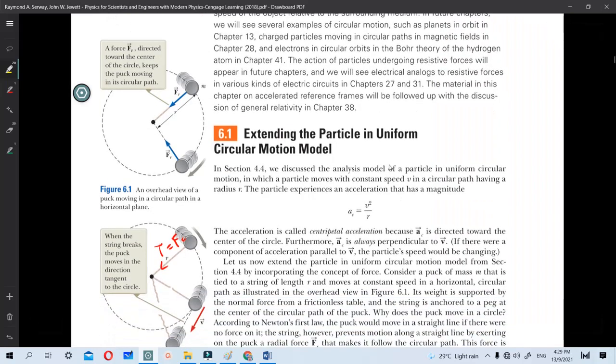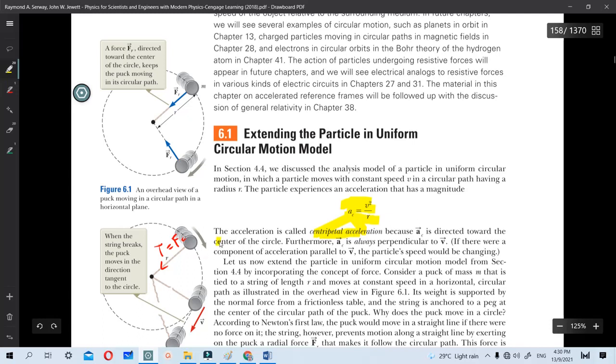In parallel to what you have seen earlier in Newton's law, if you have an object moving in a circular motion, there will be an acceleration towards the center, which is called centripetal acceleration.